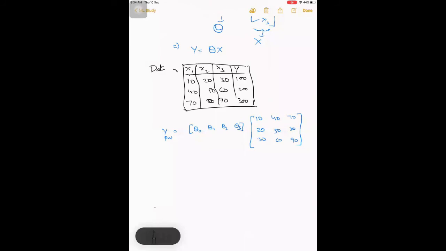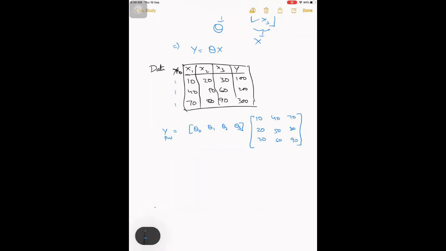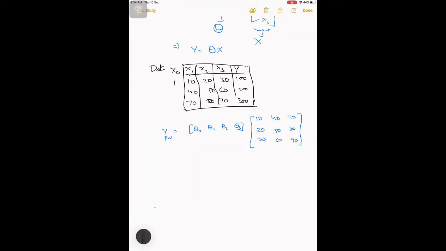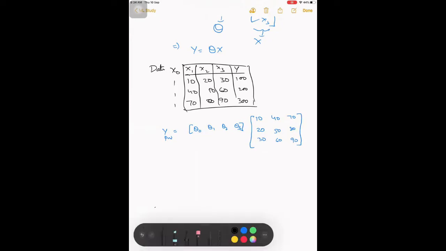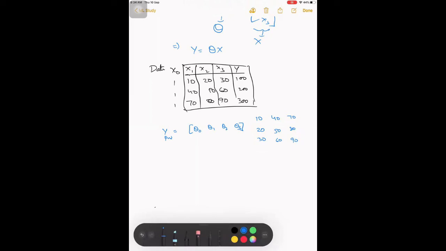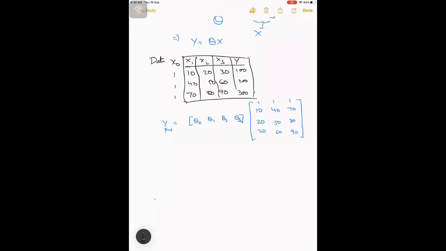Let's take x naught as 1, 1, 1, and add it into the matrix here. Because x naught is 1, now we can do the multiplication.